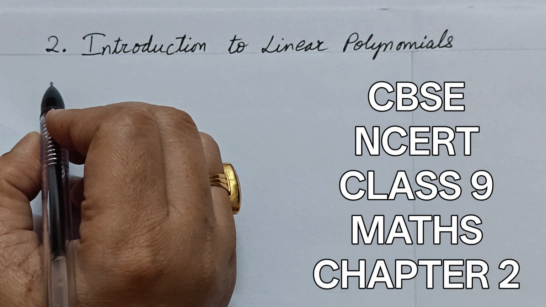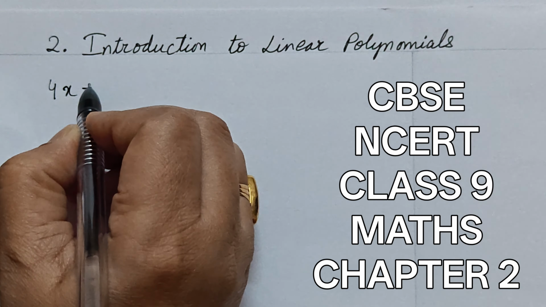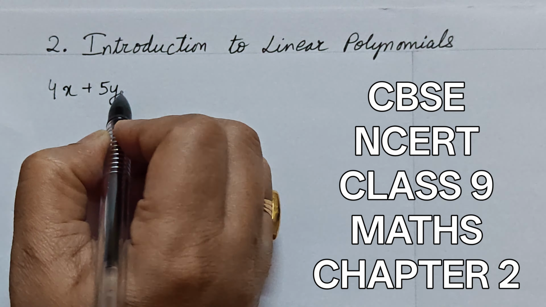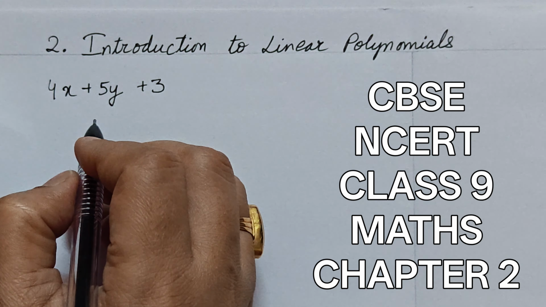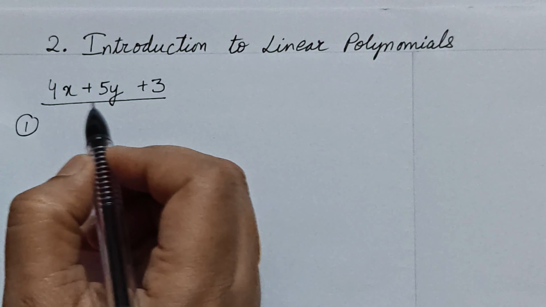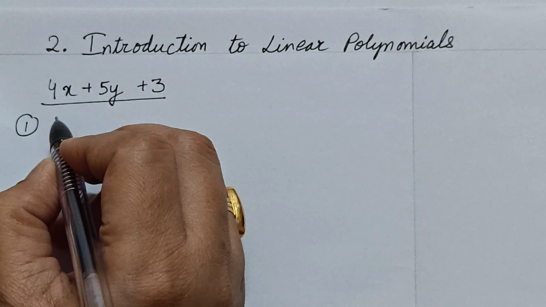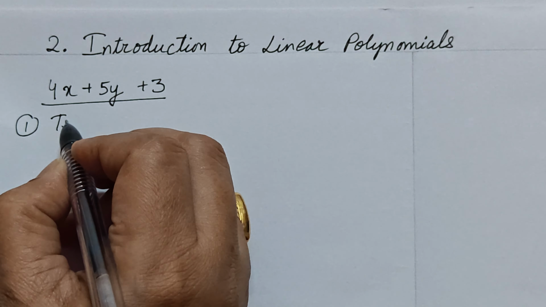Let us take an example here, like 4x plus 5y plus 3. Okay, this is an algebraic expression. Now we will look at some important keywords. First, terms.